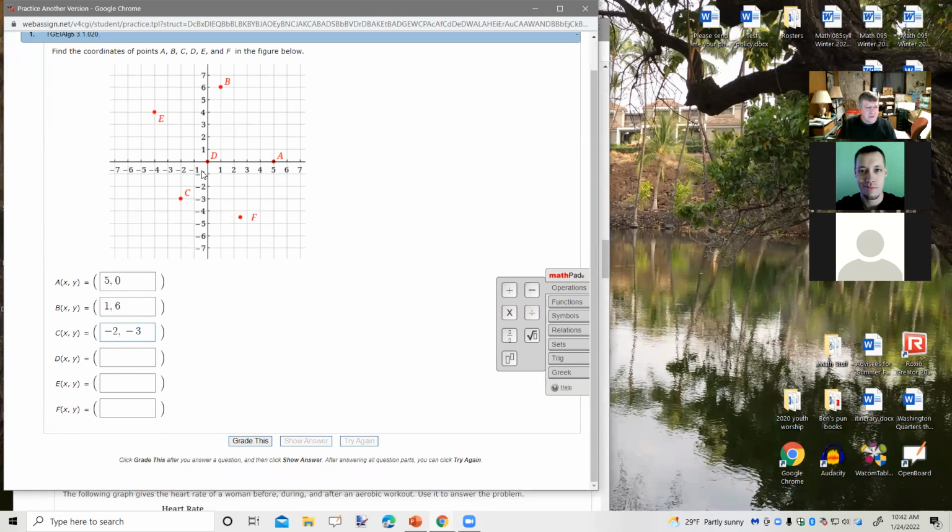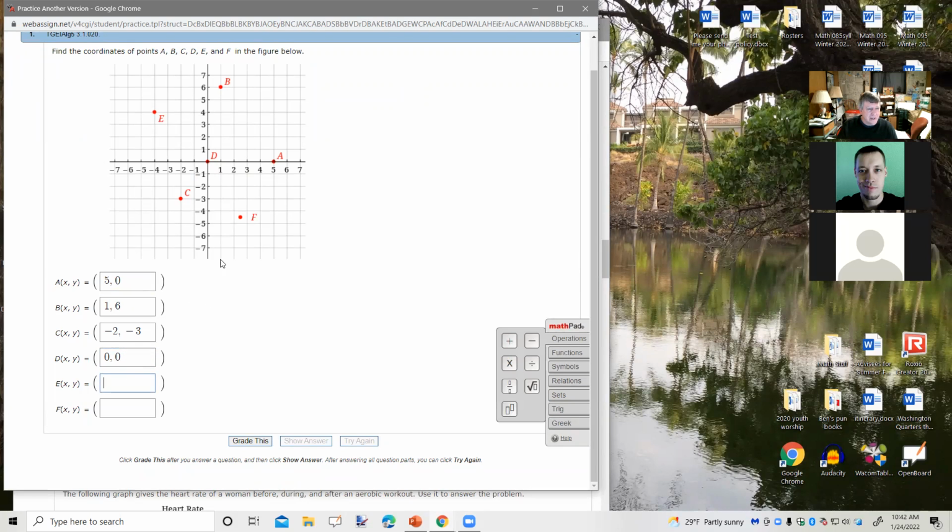Okay. D is at the origin. So 0, space, 0. And again, I want to point out that this already has parentheses. So if you include parentheses in your answer, it'll mark it wrong because it's already provided. Sometimes they provide part of the answer, sometimes they don't. So you have to really pay attention to that. E, negative 4, 4.